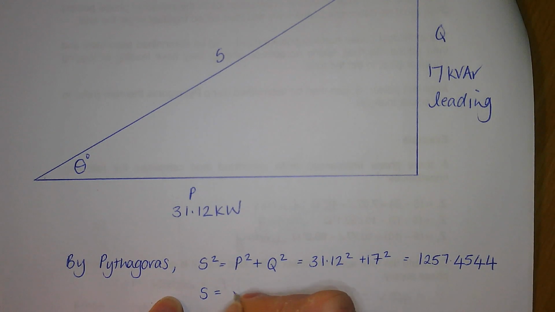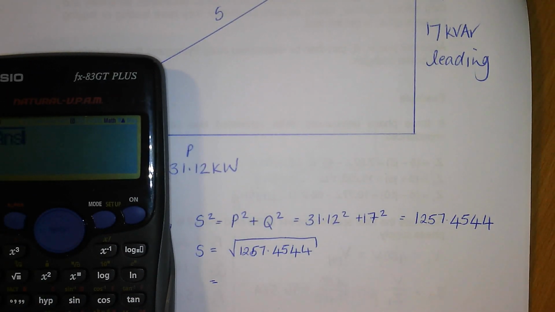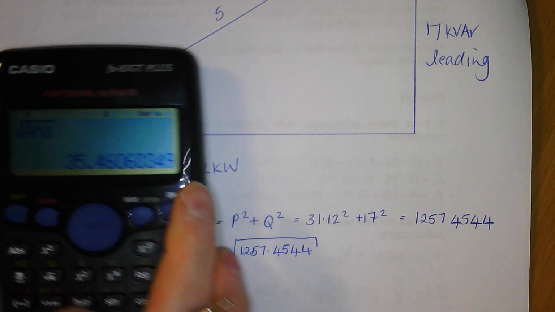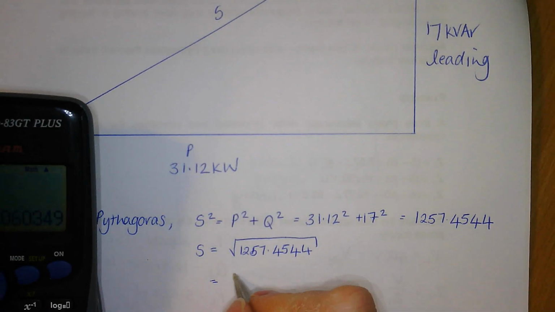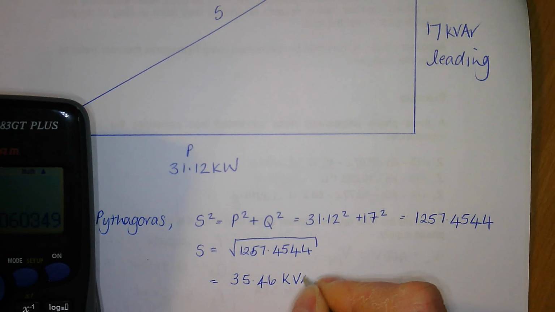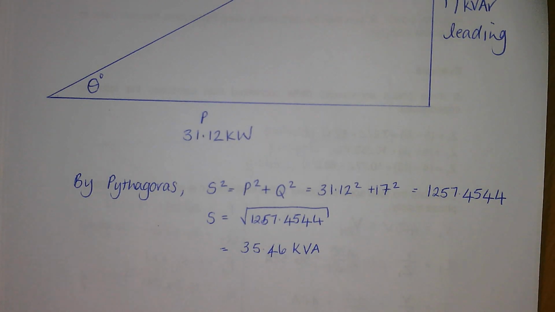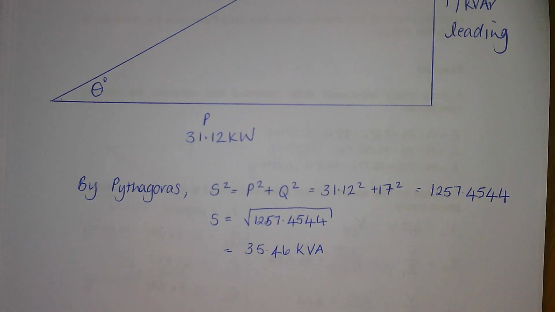So my S is going to be the square root of that. So the root of that answer gets me 35.46 kVA. And that's it. So that's the total apparent power.